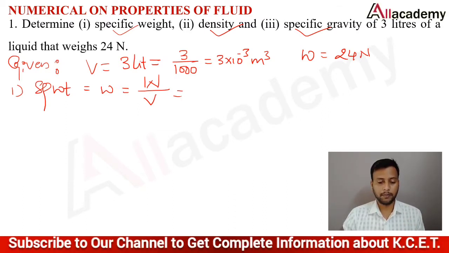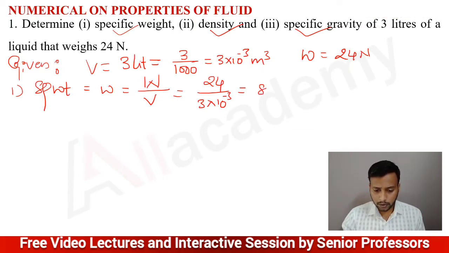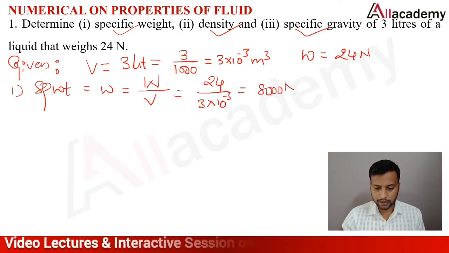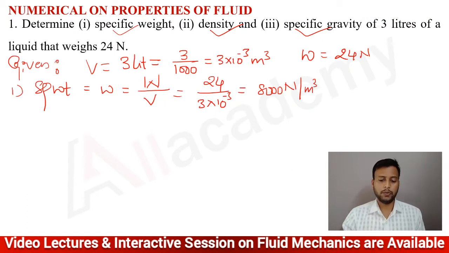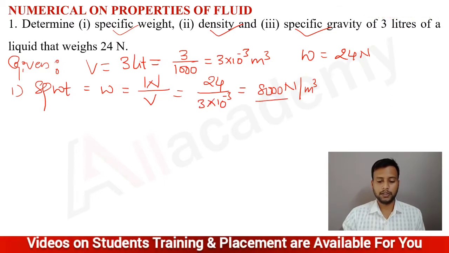So I will write directly 24 divided by 3 into 10 raised to minus 3. Your answer will be around 8000 Newton per meter cube. Why Newton per meter cube? Because weight is in newtons and volume is in meter cube. So this is your answer.